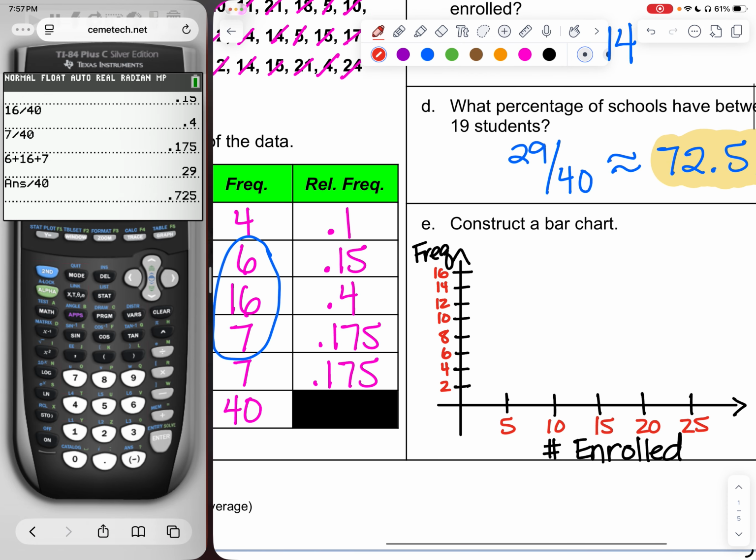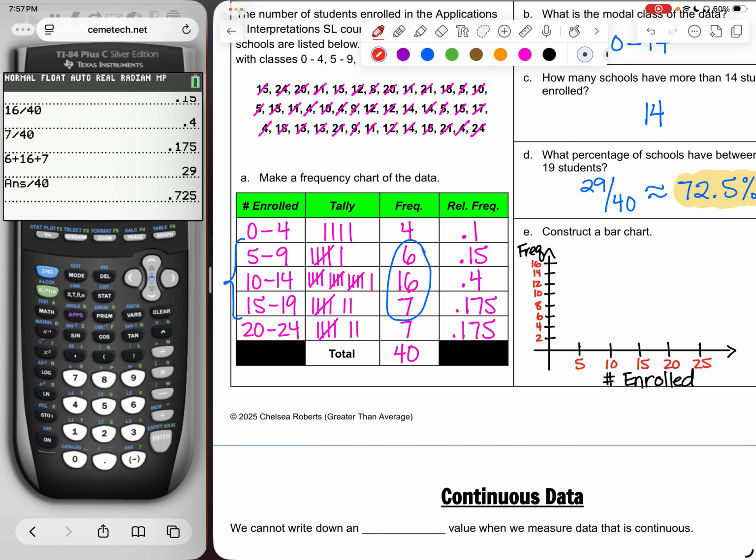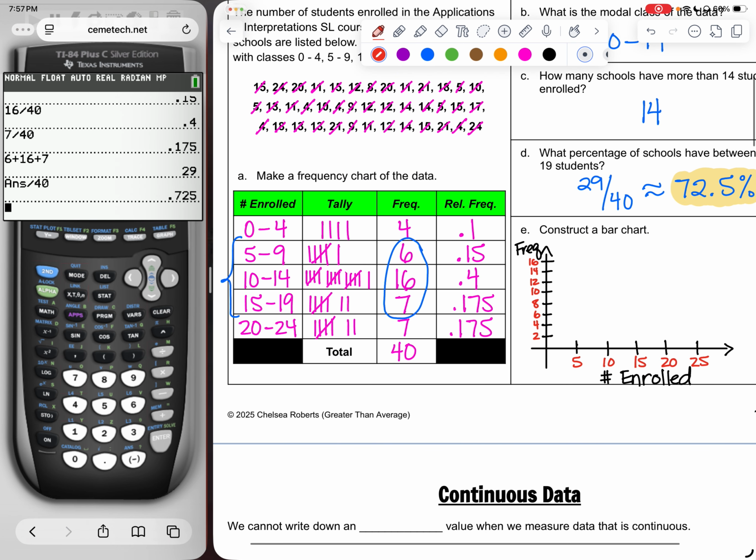So if we graph, this first portion is saying that between 0 and 4 students enrolled, there are 4 different schools. So if I go from 0 to 4, of course, 4 is right below 5, so I'm not going to quite touch 5. This is my bar for 0 to 4.